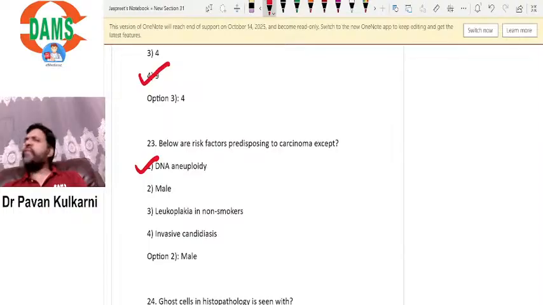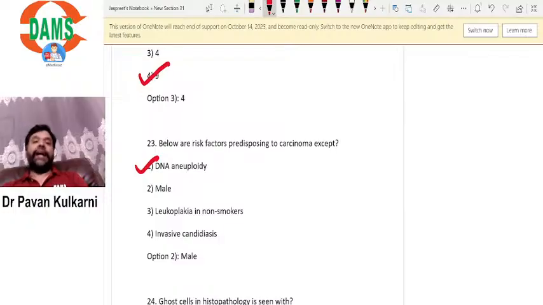Male, female, there is no predisposing factor. Leukoplakia in non-smokers. Yes. Compared to smokers, if you see leukoplakia in non-smokers, that is a high risk for carcinoma. Invasive candidiasis. Yes, of course, because candidiasis will produce a carcinogen.